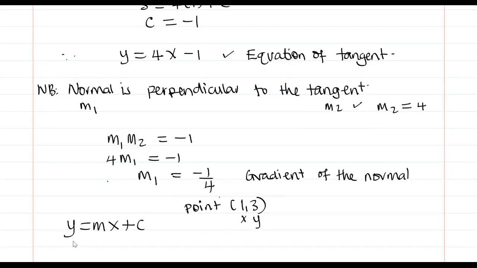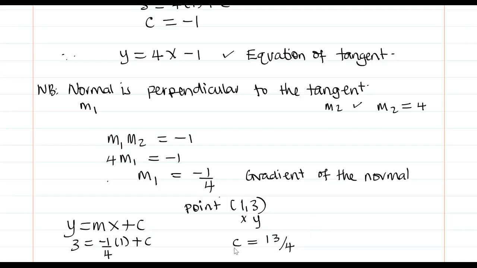Then we substitute. Our y is 3, equals our m, which is -1/4, times our x, which is 1, plus c. And then you make c the subject of the formula. I'm going to press my calculator and get the value of c. You can follow your normal steps and get c. So I'm getting c equals 13/4.